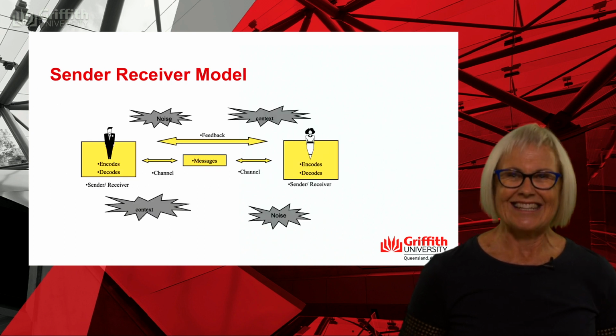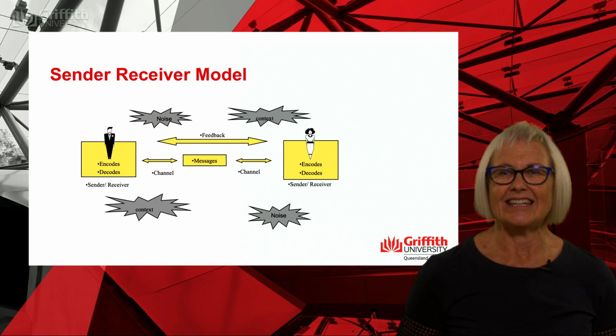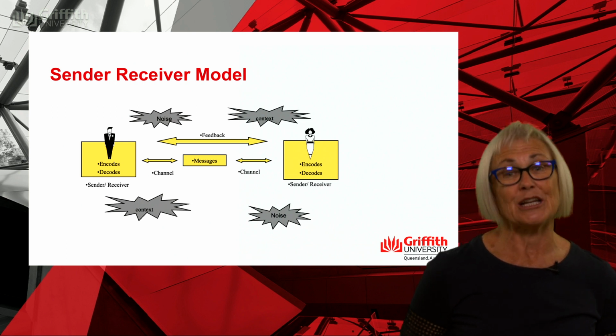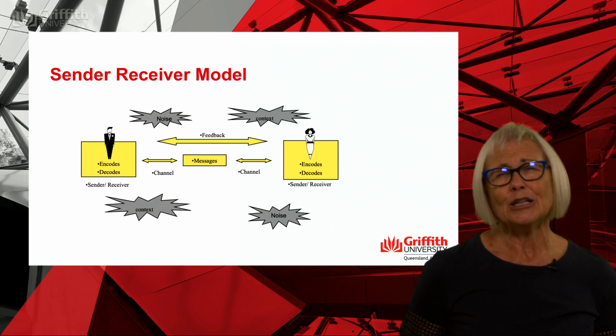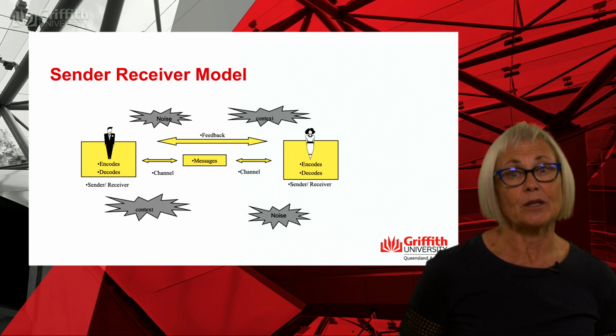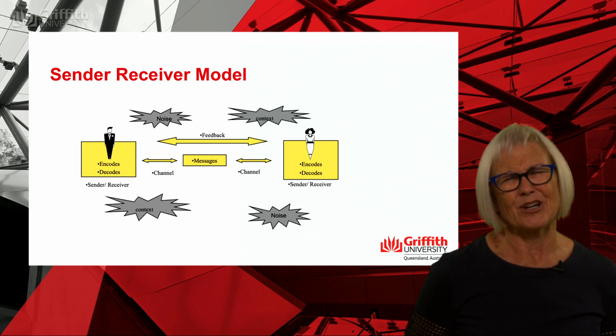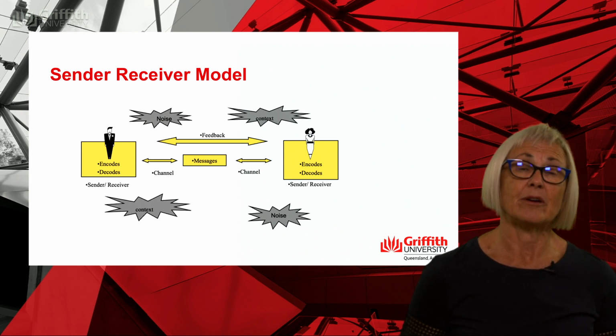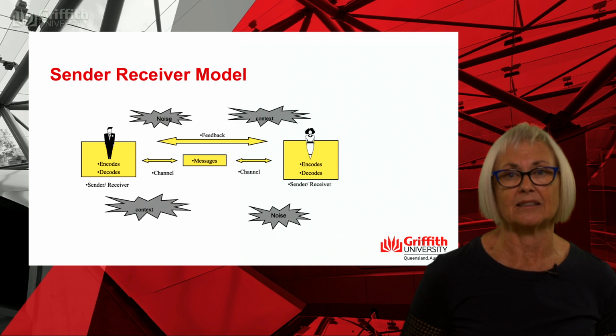Let's look at the sender-receiver model to understand how our messages are received and interpreted. In the communication process, a person sends a message to another person. Seems straightforward, doesn't it? However, it's not as simple as we think.